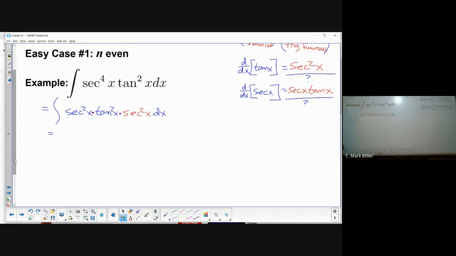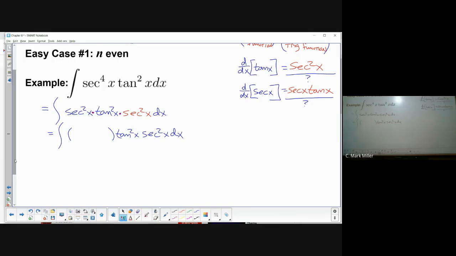This is the integral. Ready? That secant squared. Remember those must-know trig identities? Secant squared equals? Now, let's suppose you're stuck.